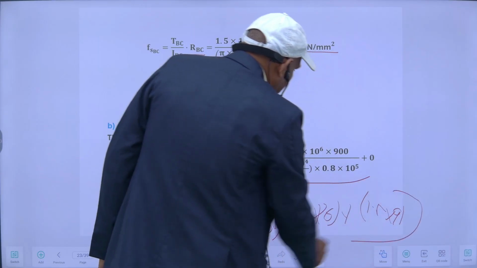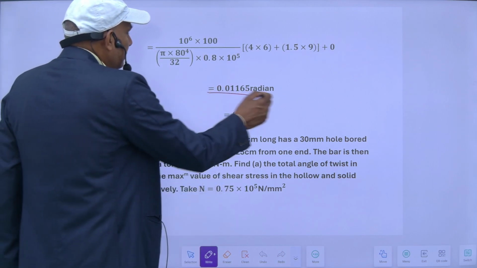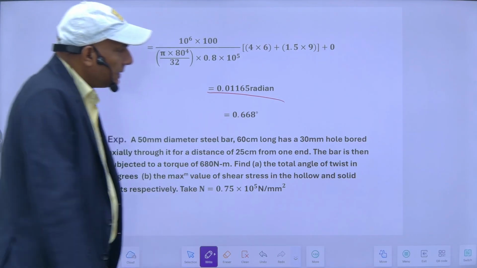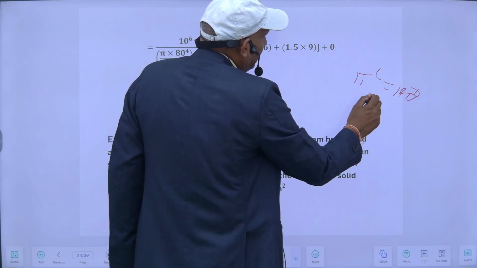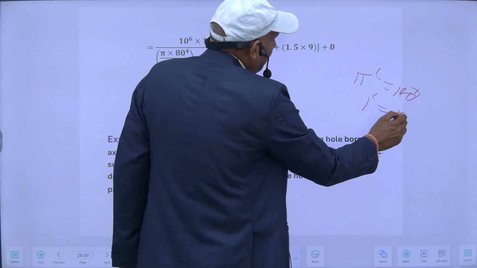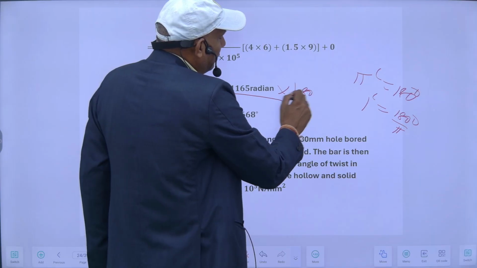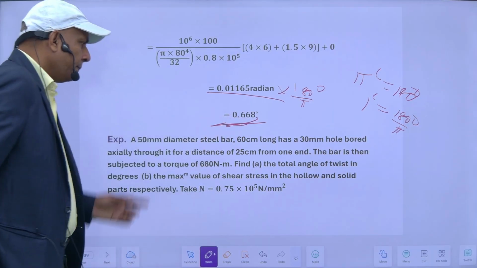Finally it will be 0.01165 radian. If I convert it in degree, since pi radian is equal to 180 degree, 1 radian is equal to 180 upon pi degree. If I multiply it by 180 upon pi, it will be in degree. So this is the value.